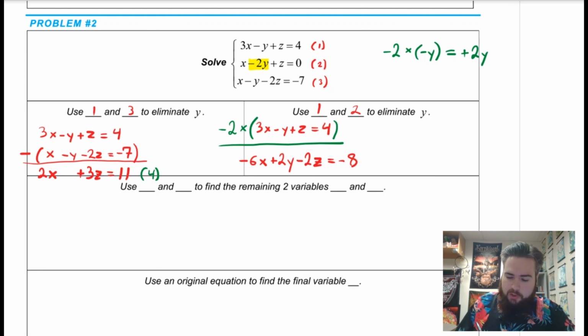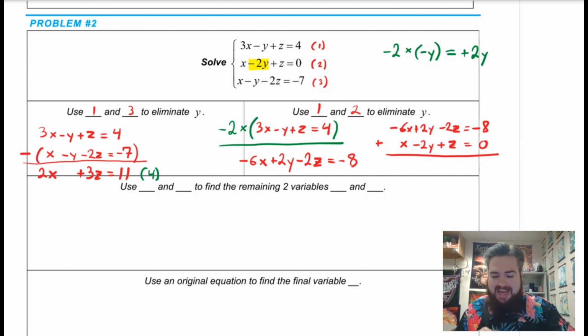So I'll be taking this new equation of negative 6x plus 2y minus 2z equals negative 8, and I will add that with the other equation, x minus 2y plus z equals 0.